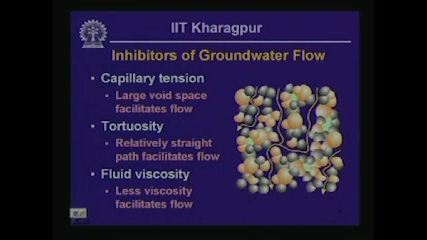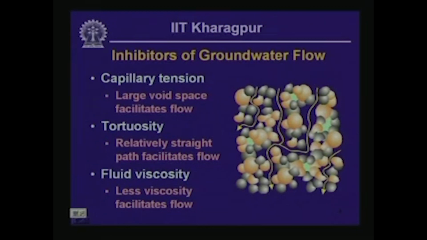So tortuosity is another inhibitor. Tortuosity is a measure of how bent are individual flow paths, shown by yellow arrows there, in comparison with straight flow paths. The third inhibitor of groundwater flow is fluid viscosity.